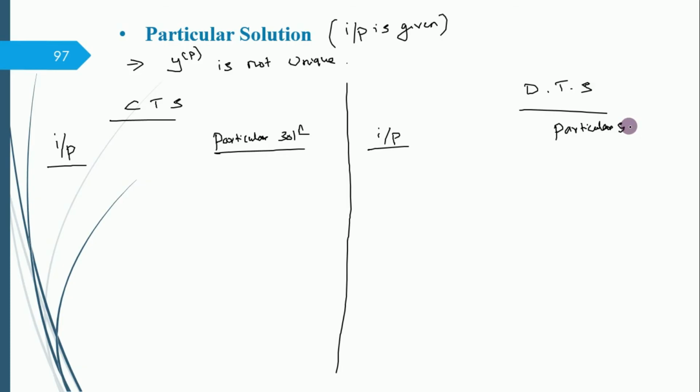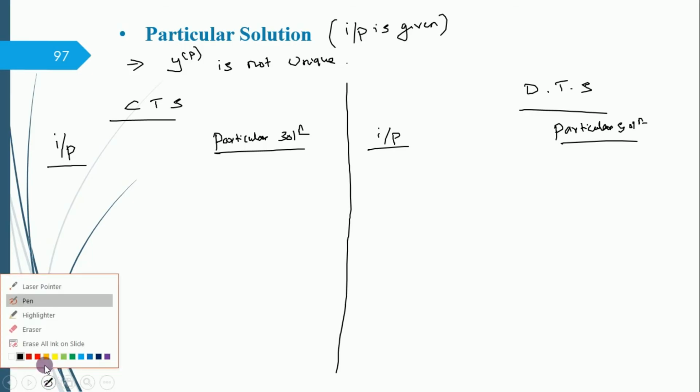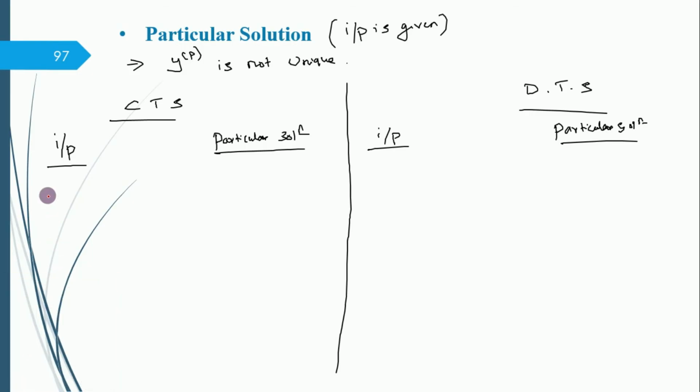If the input is constant, 1, the particular solution is C. Here also, same: if the input is 1, the particular solution is C. If the input is of the form t, then the particular solution is of the form C1 t plus C2.